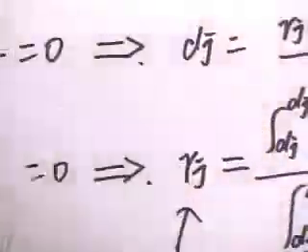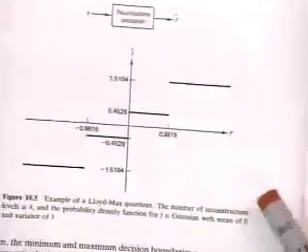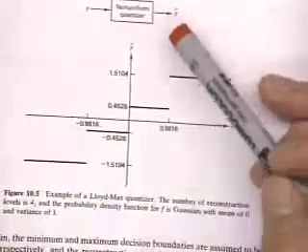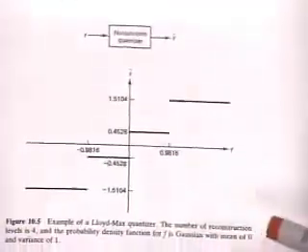In this figure 10.5, we can see how to use the non-uniform quantizer to quantize a Gaussian distribution.